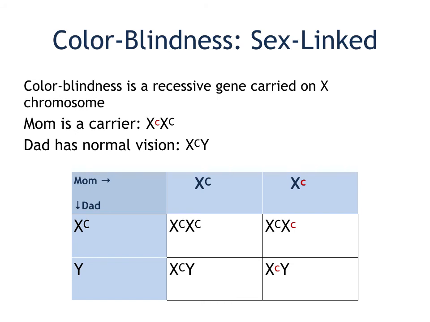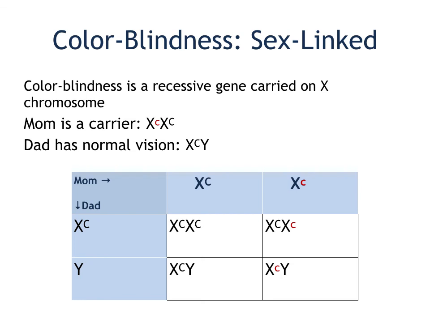So a daughter is what will result from this mating. Dad donates a normal X chromosome in either case, and in the first case, box 1, mom also donates a normal chromosome. So you have a totally phenotypically normal female child with no color blindness. In the next box, Dad donated his normal X chromosome, but Mom donated the defective chromosome.